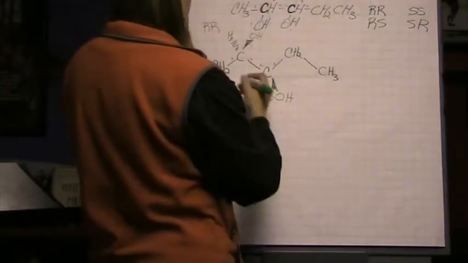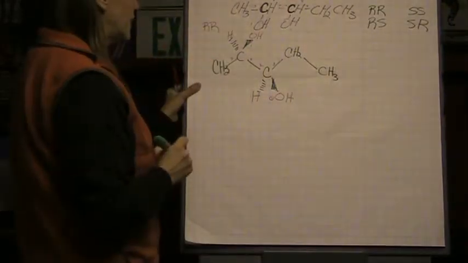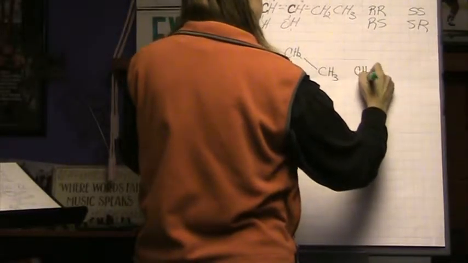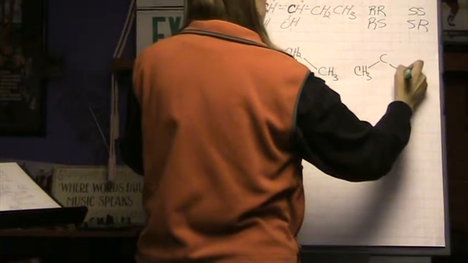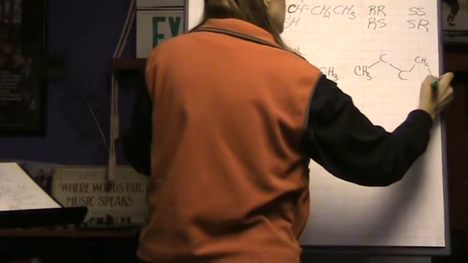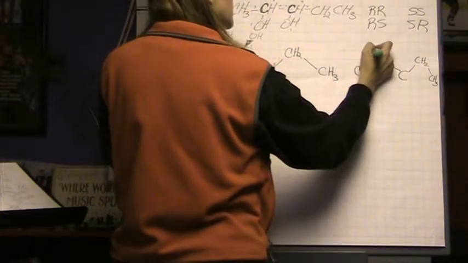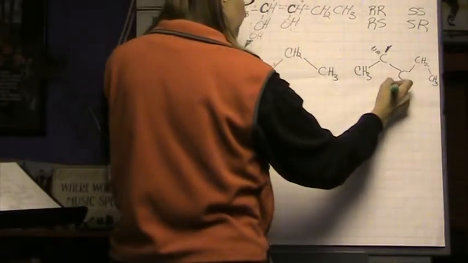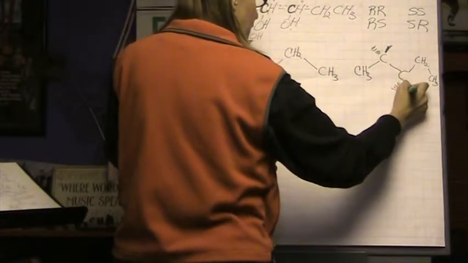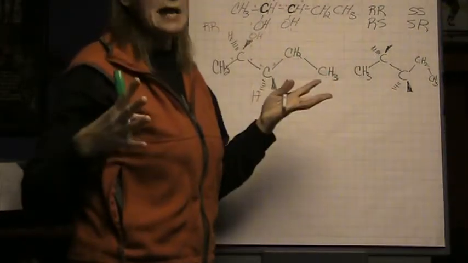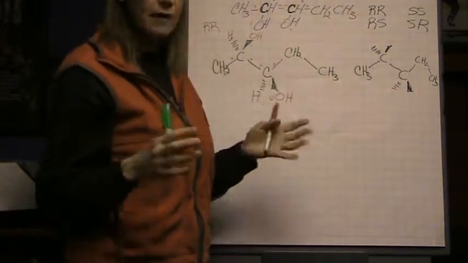Reverse 2 groups. Let's make that a CH3 though. How about that? You're probably thinking the whole time. So CH3, up, down, CH2, CH3, dash and wedge, just like I had over here. And yeah, you can do all kinds of, reverse these two groups and all kinds of stuff like that, but why? It just makes it more complicated.